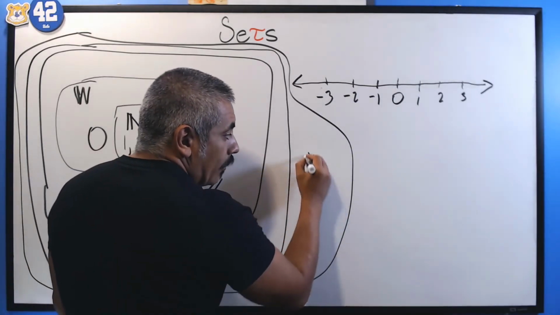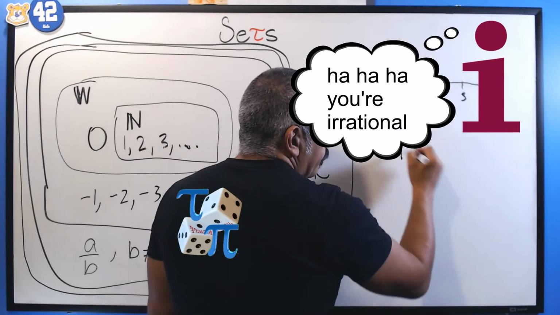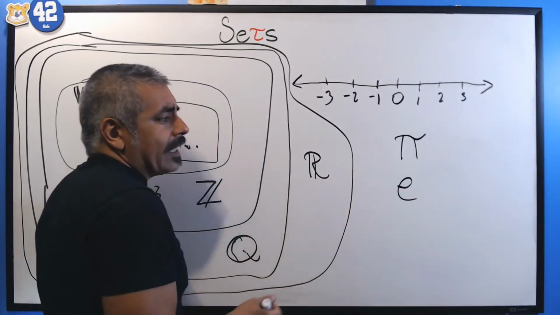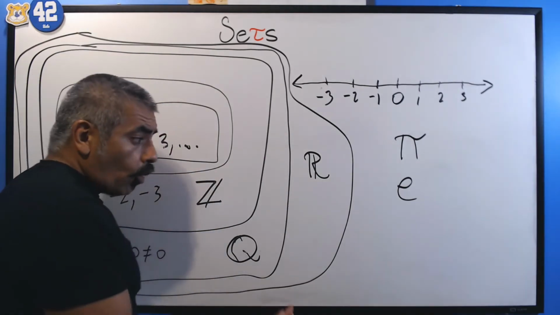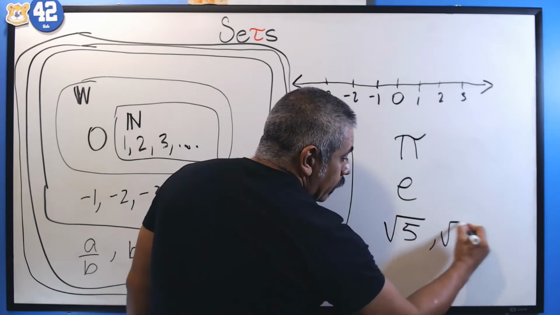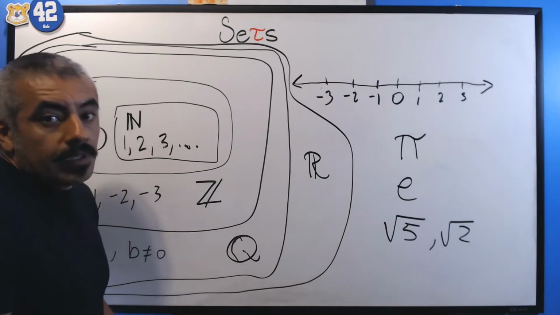And that's what we call the real number set. Irrational numbers are numbers such as pi, e, and other numbers like that that cannot be written as a fraction, or even numbers like square root of 5, square root of 2. Any square root that does not simplify to a perfect square is going to be an irrational number.